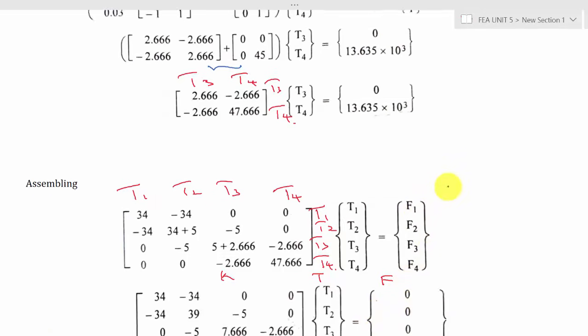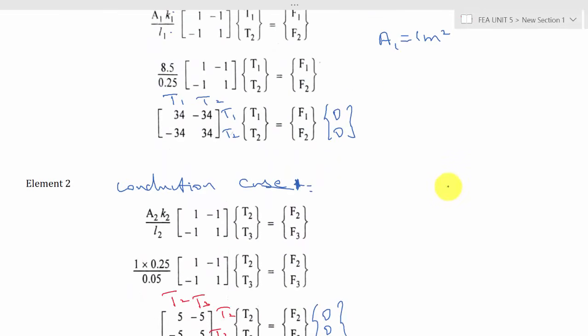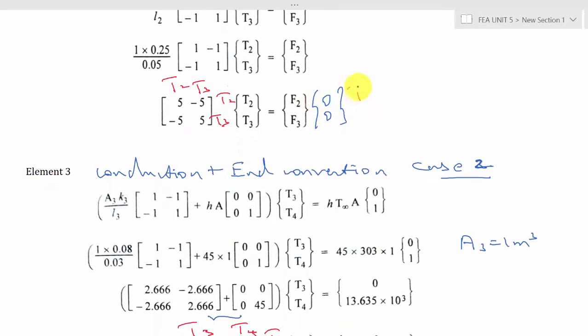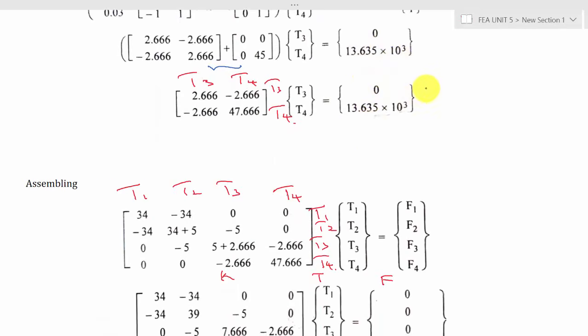For assembling the force vector also you can give numbering. This is T1, T2 since it is element 1. Then for element 2 it is T2, T3, and for element 3 it is T3, T4.